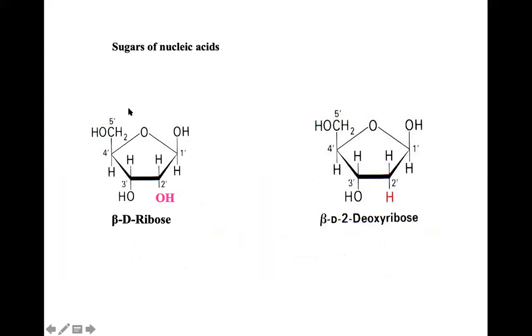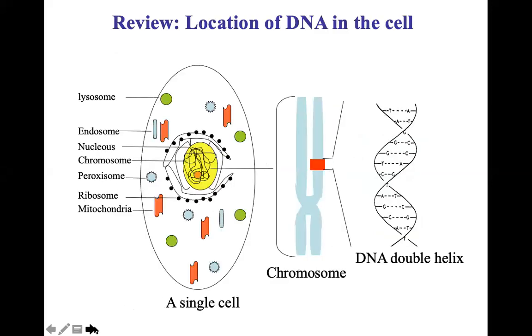As for the sugar, in RNA, beta-D-ribose is used, but in DNA, beta-D-2-deoxyribose is present. Here you see OH, here there is only H. So this is the difference between the sugars present in RNA and DNA.